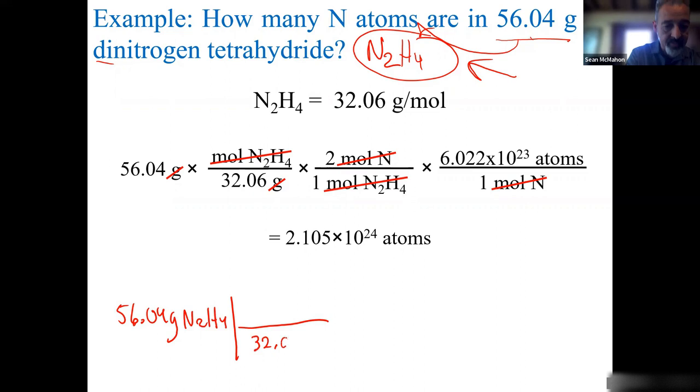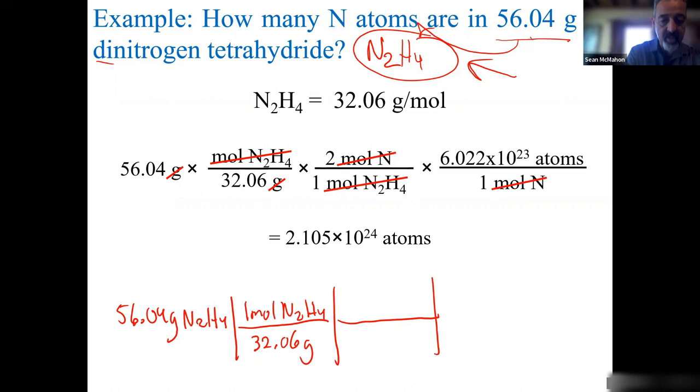There's 32.06 grams of N2H4 in 1 mole of N2H4. Now, don't get mad. Here I go. In 1 mole of N2H4, there's 6.022 times 10 to the 23 N2H4 molecules.